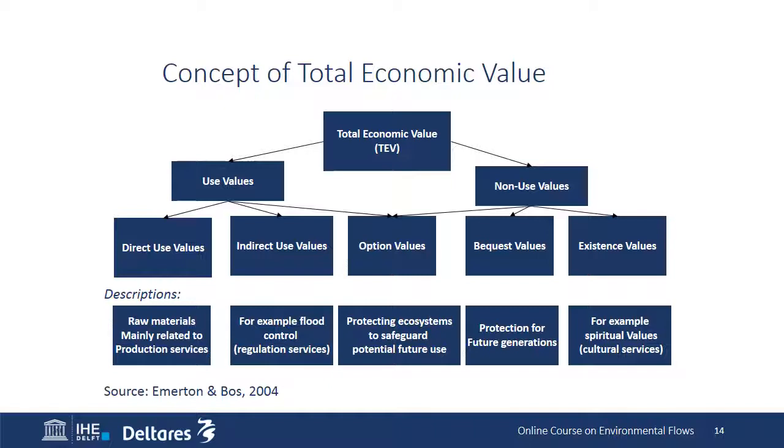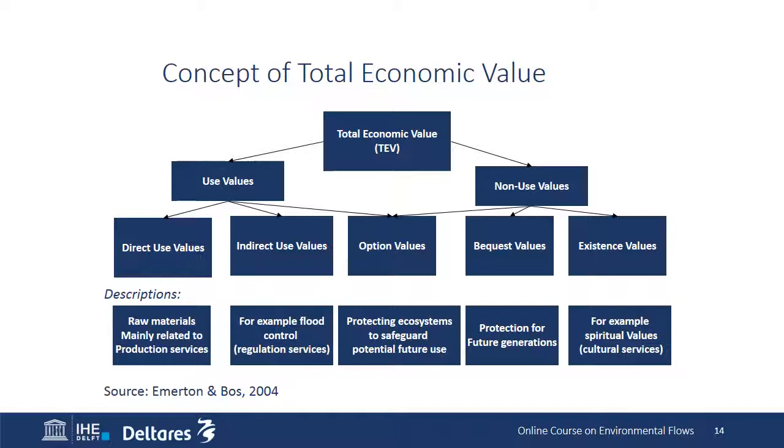Non-use values refer to values that people attach to an ecosystem just because the ecosystem is there, because they appreciate having a good ecosystem. This can either be now, which is then called the existence value, or in the future, which is referred to as the bequest value. Option values can be either use or non-use values, but are values that are not currently used, but could potentially be used in the future.